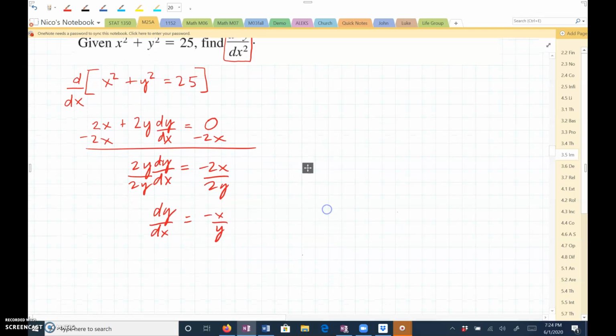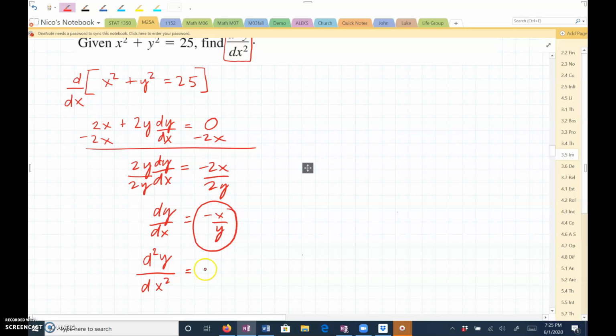Now I want to take the second derivative. So to take the second derivative here, it's going to look this way. Okay, and then I'm going to take the derivative of the first derivative. So this is going to be the quotient rule.